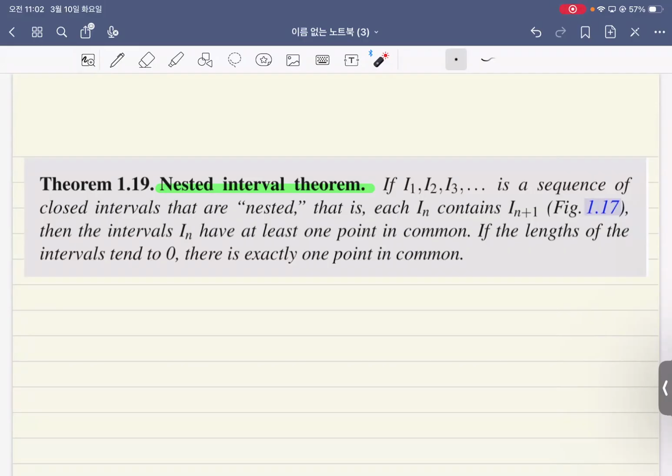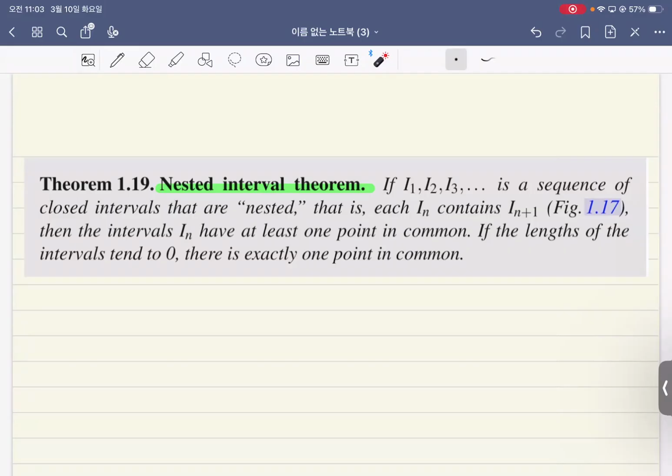So I1 is the largest one, and since I2 is contained in I1, I2 must be slightly smaller than I1, and I3 is even smaller than I2, and so on, right? So it keeps shrinking and shrinking. So this sequence of intervals, we say they are nested closed intervals.